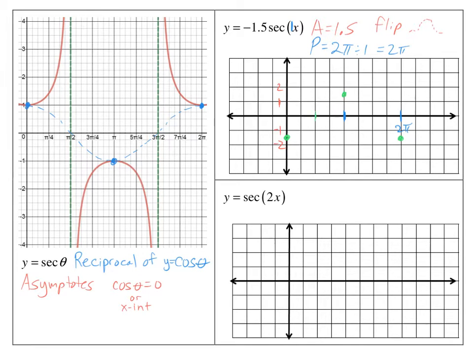Halfway, what's going to happen? Doesn't it hit the x-axis? And you remember over here, what happens when it hits the x-axis? We have an asymptote. So halfway through, we are going to have asymptotes right here.